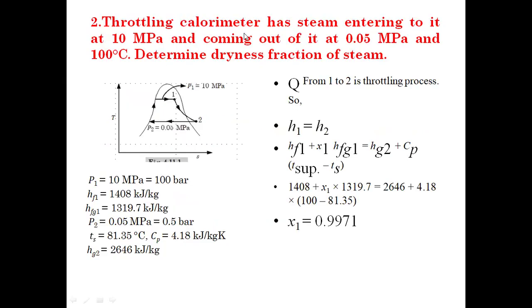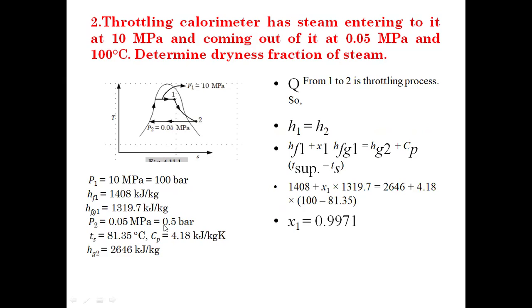See the second problem. In a throttling calorimeter, the steam enters at 10 MPa and comes out at 0.05 MPa and 100 degrees Celsius. Determine the drainage fraction of steam. P1 is equal to 10 MPa, converted into bar, and HF1 is equal to 1408 kilojoule per kg, HFG1 is equal to 1319.7 kilojoule per kg.